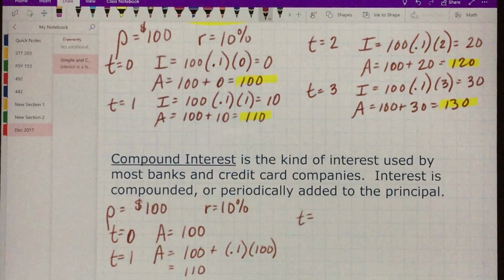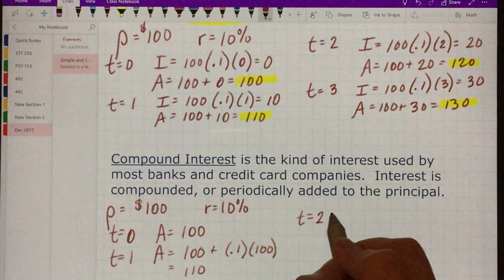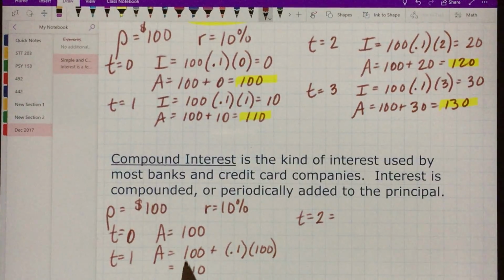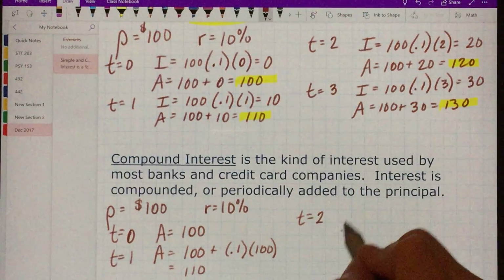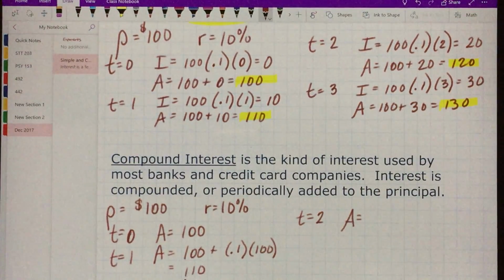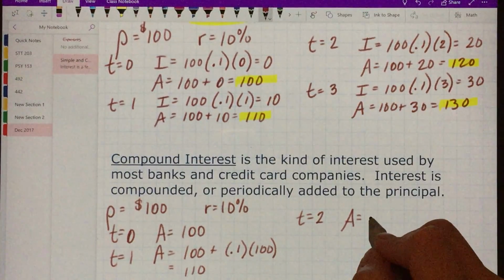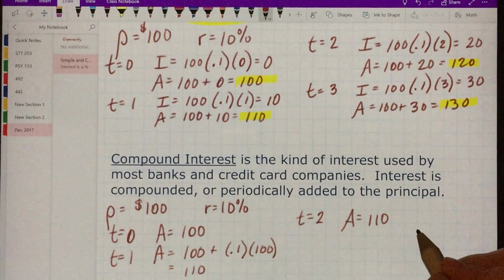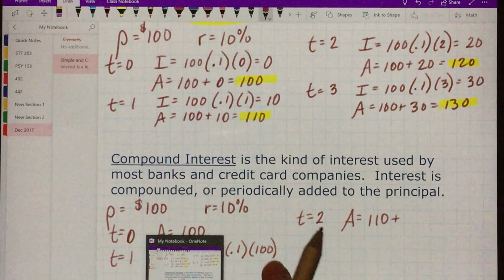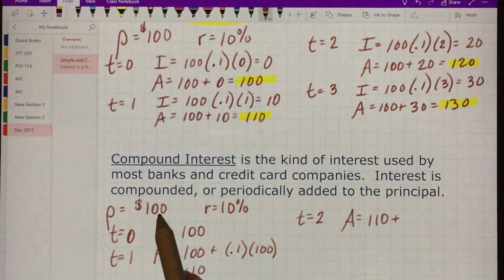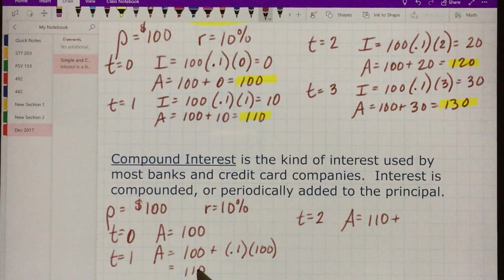But this is where compound interest changes, because when t equals 2, the amount is calculated by taking the previous amount, 110, plus 10% of the previous amount. So we're not going back to the principal like we did here. We're only going to the step before.